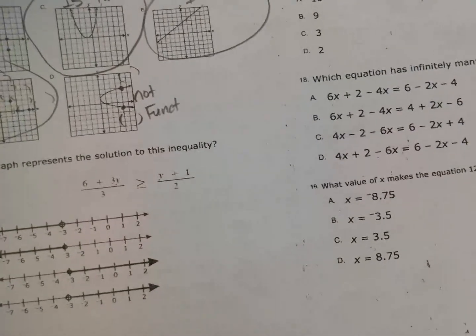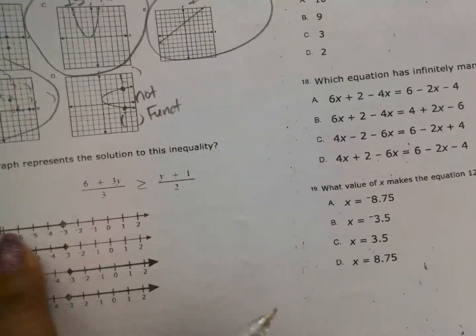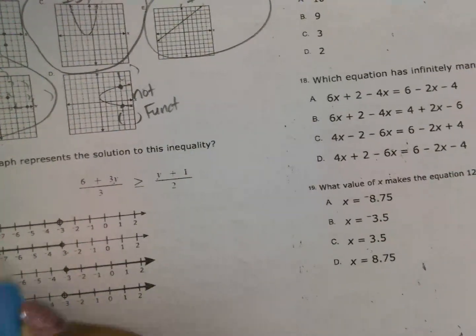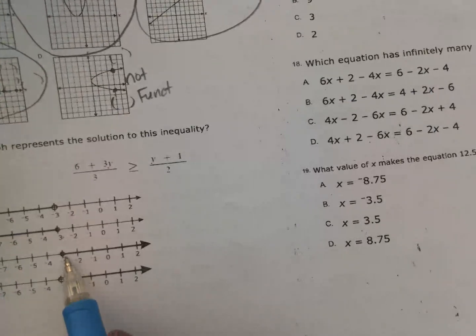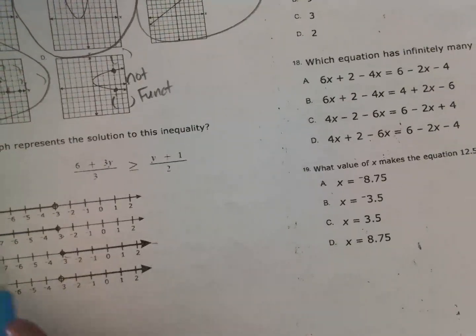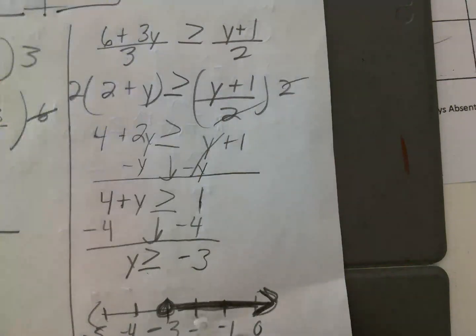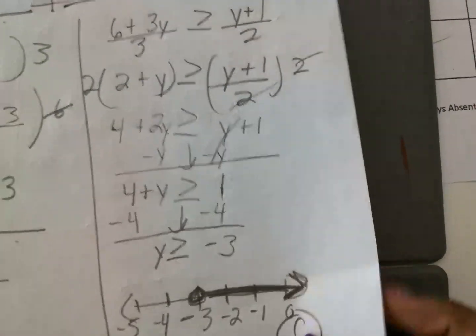So that one is going in the wrong direction. This is wrong. This is positive 3. That's wrong. This is negative 3, and it's going, okay, good. This one's the correct one. And it's a closed circle. So C is your answer here. Okay? Woo! Isn't that crazy?